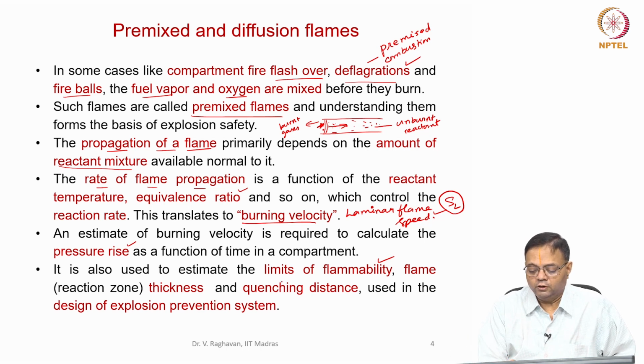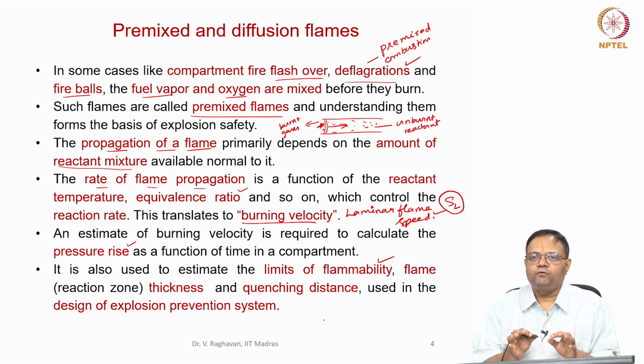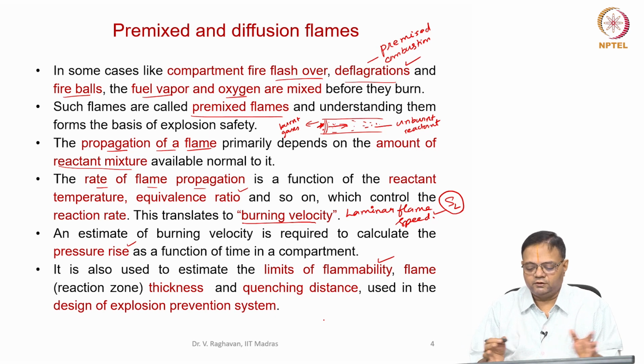So, limits of flammability means there should be some amount of oxidizer and fuel present which can be ignitable. If it is outside the limits, then we say it is out of the flammability limit. A mixture which is not flammable is called a mixture which is out of the flammability limits.